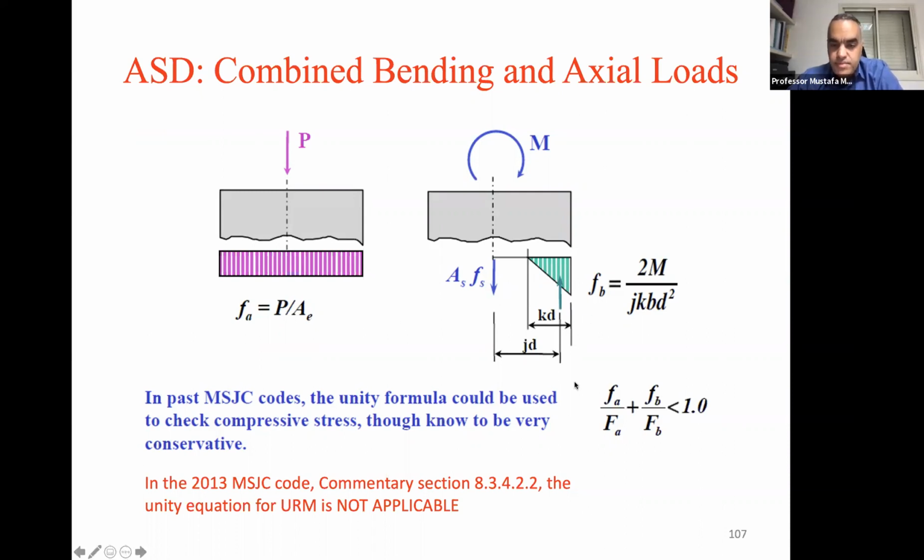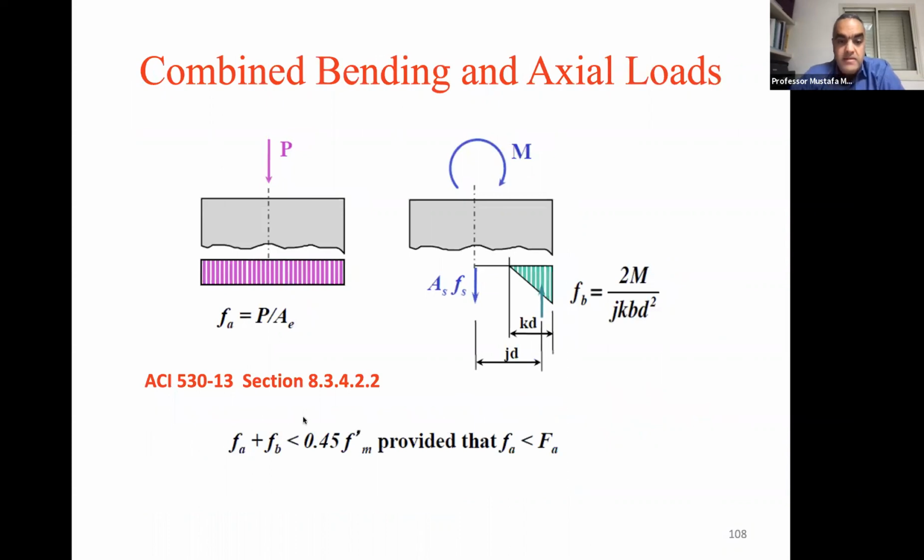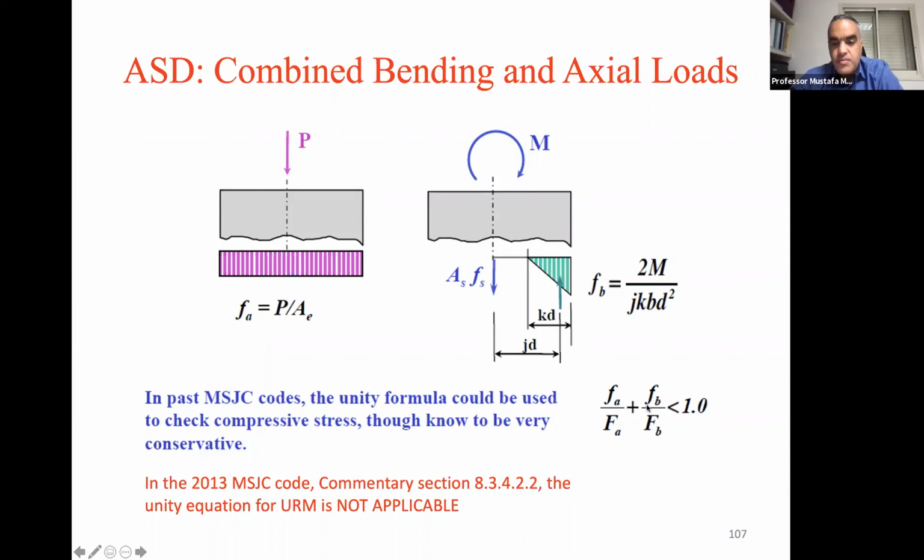So in the case of combined compression, we have the same relationship that applies here, okay? And in the case of tension, we have two conditions that need to be satisfied.